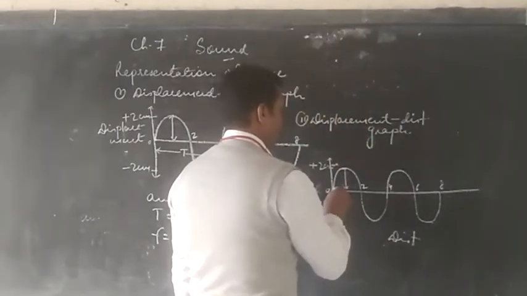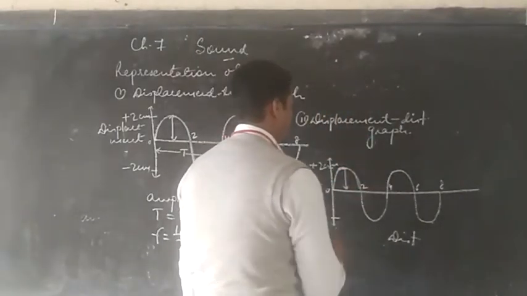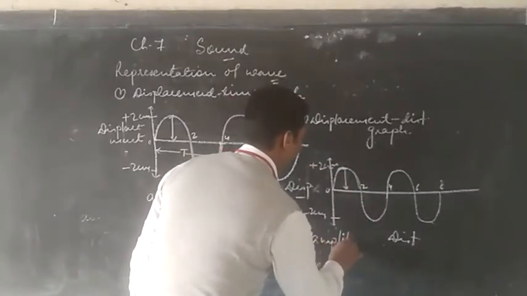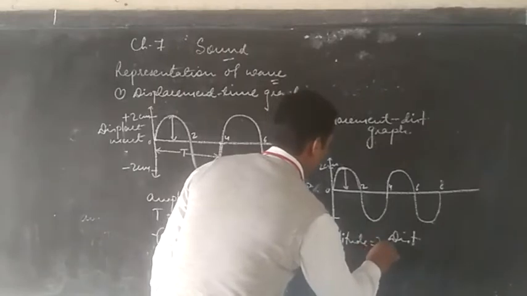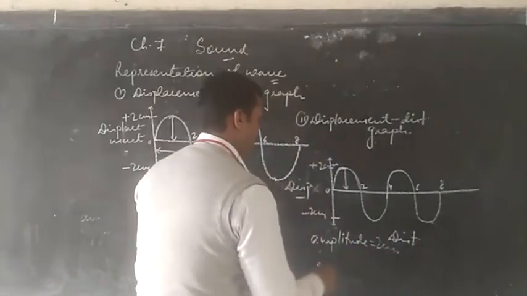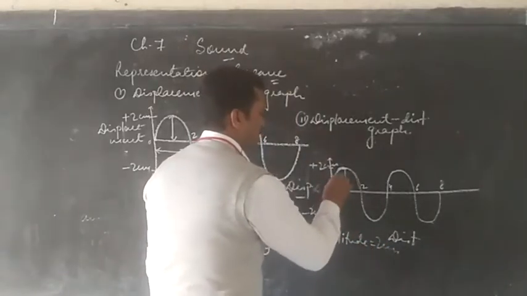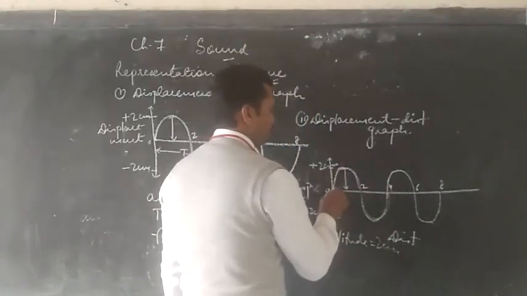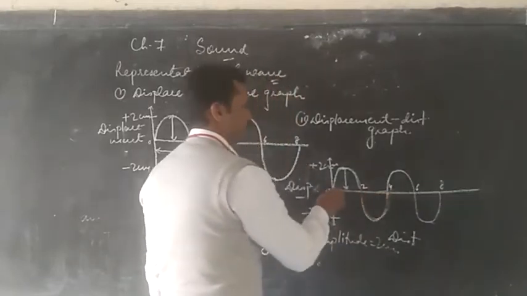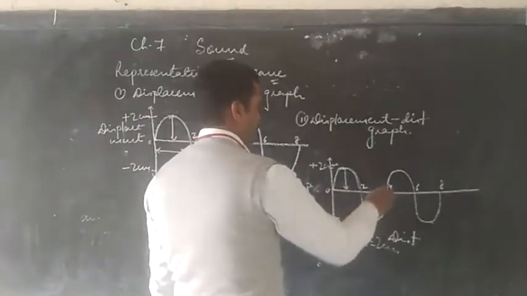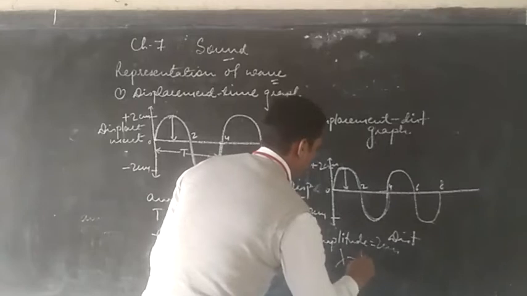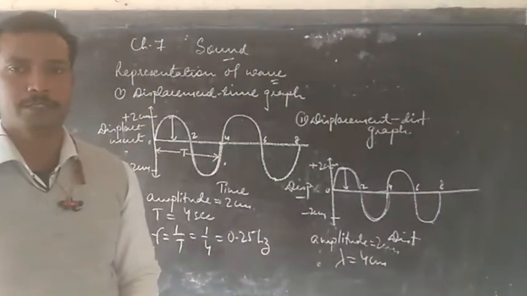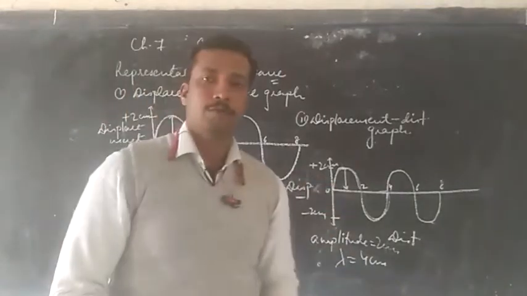So here again you can see this is the amplitude, which is equal to 2 centimeter, and the wavelength means the distance covered by one complete wave, which is this line, which you can see is 4 meter. So here 4 meter represents the wavelength of the wave.